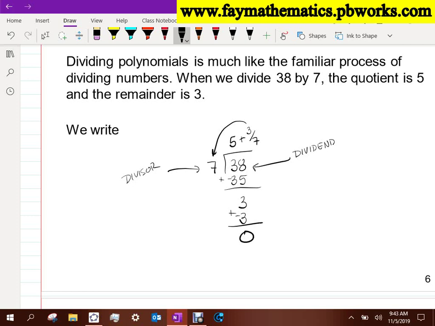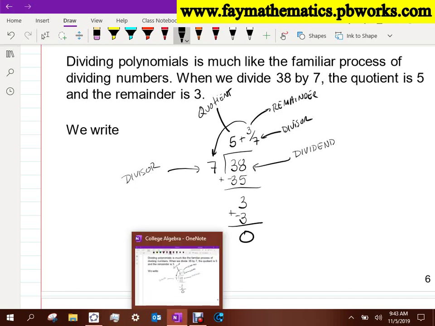Let's identify these things. 5 is referred to as your quotient. 3 is your remainder. And in this format, 7 is your divisor again. Okay? But 5 plus 3/7, you guys know the mixed numbers, 5 3/7, right? 5 and 3/7 times 7 gives me 38. Okay?